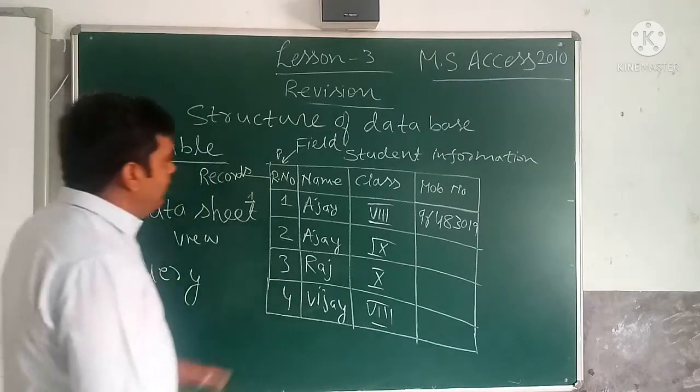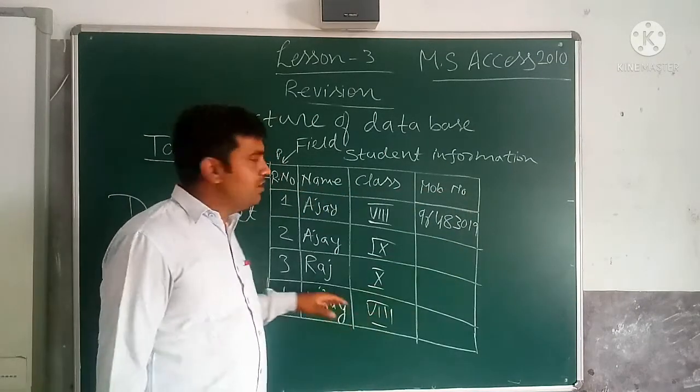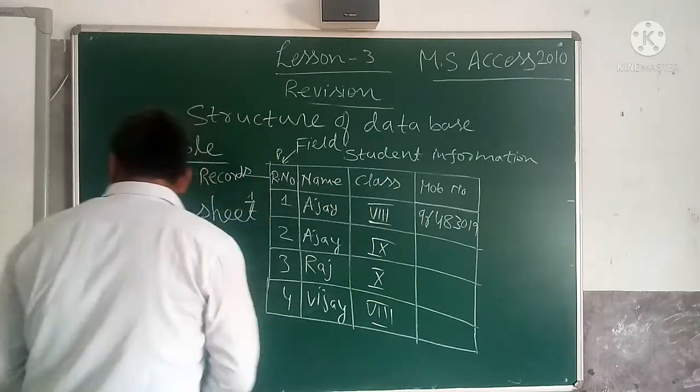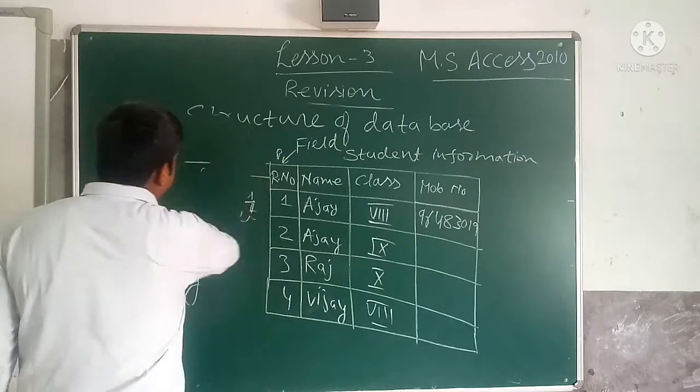Okay. So each field in the graphical user interface you will find in the form view, different fields 1, 2, 3, 4. So 4 fields in the form view. See how it will appear.